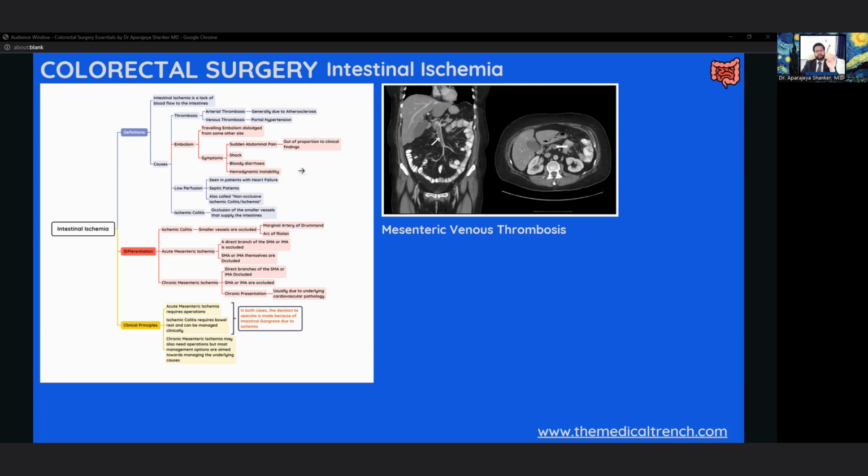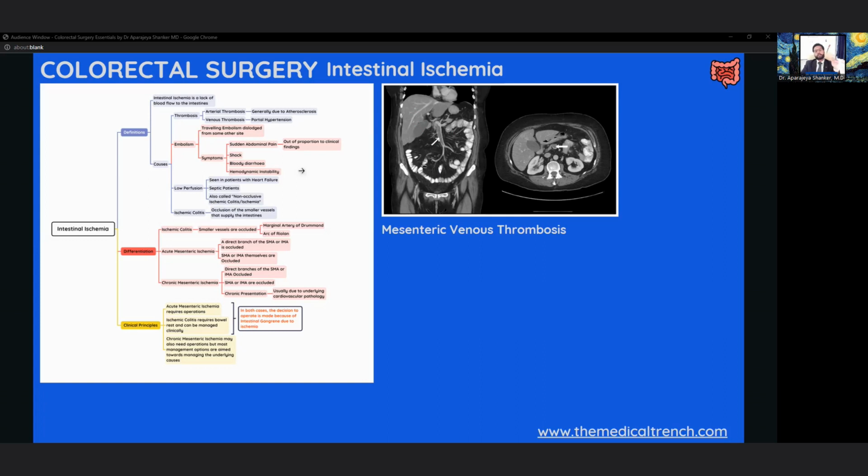But the third thing is if the patient just can't produce enough force or blood pressure to be able to carry that blood to meet the perfusion demands, right? So in this case, you have low perfusion in certain types of patients, especially those with heart failure and those with sepsis, right? Because patients with sepsis already have a low blood pressure, they also have a low amount of blood flow, they have increased amounts of venous stasis.